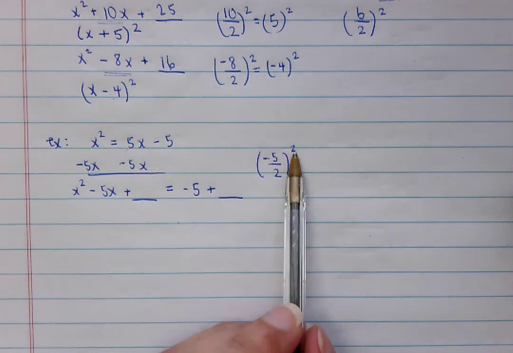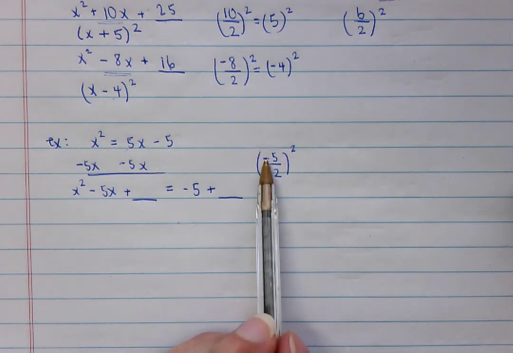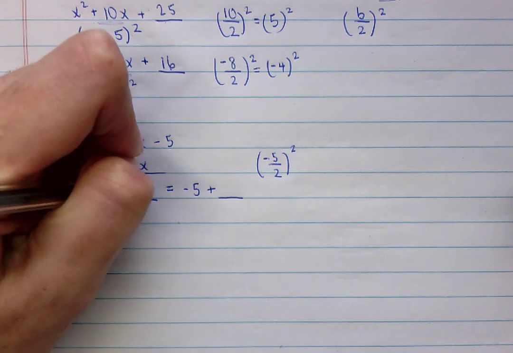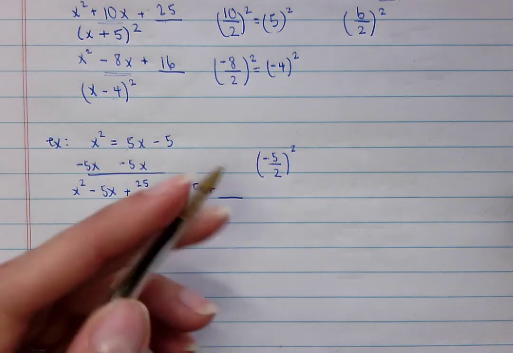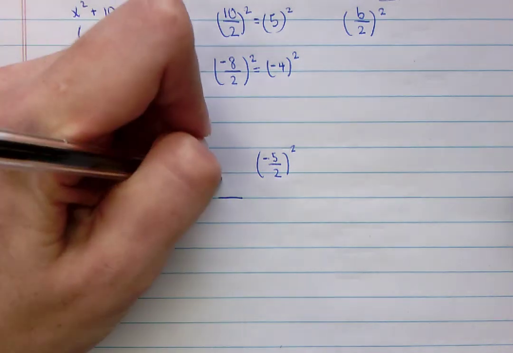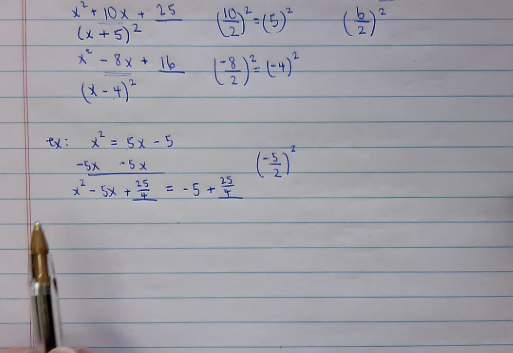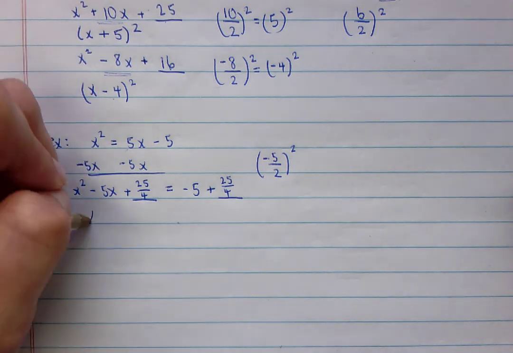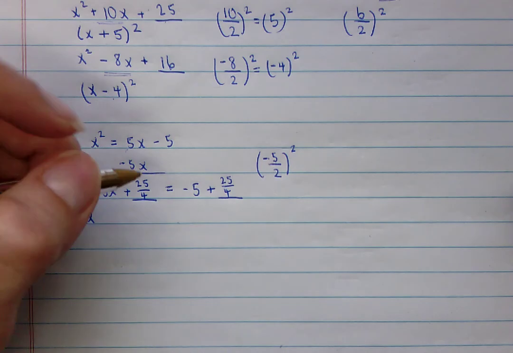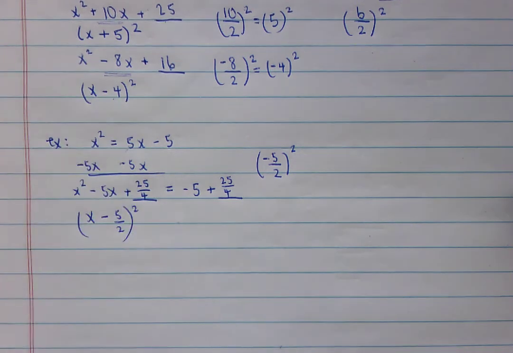So again, if we square this, that ends up being negative 5 times negative 5 is 25. So we'll have 25, and 2 times 2 is 4. So that's 25/4 that I have to add to both sides. Okay? And again, remember, when I factor this, I'm going to factor this as x, and then I'm going to use this minus 5/2 and write it squared.